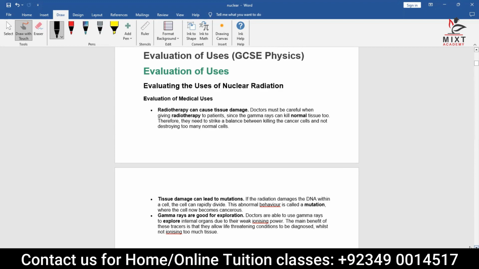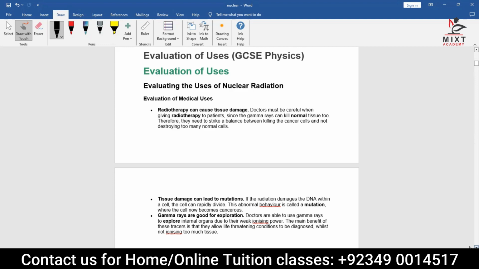But remember that if you use too much of them, then tissue damage can lead to mutation. If the radiation damages the DNA, the cell can rapidly divide, and this abnormal behavior is called a mutation, where the cell becomes cancerous. So remember that these radiations, especially gamma radiation, do cause cancer as well.